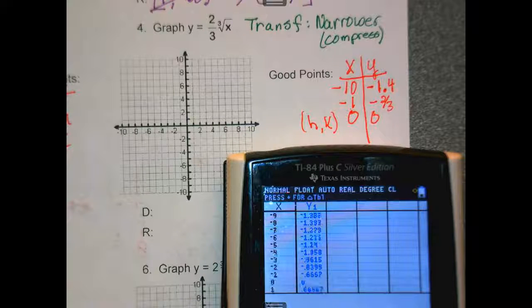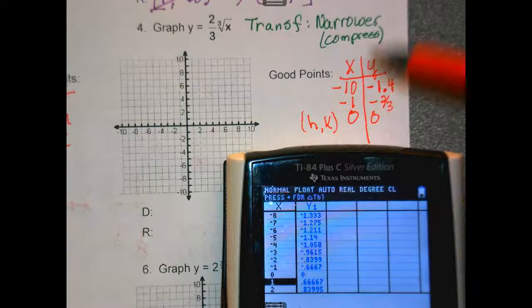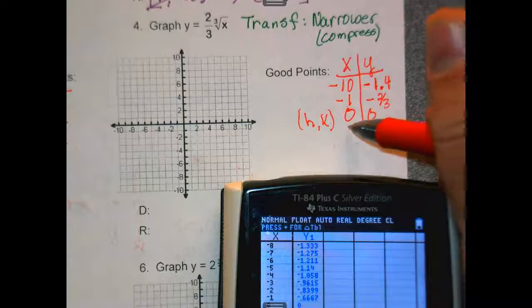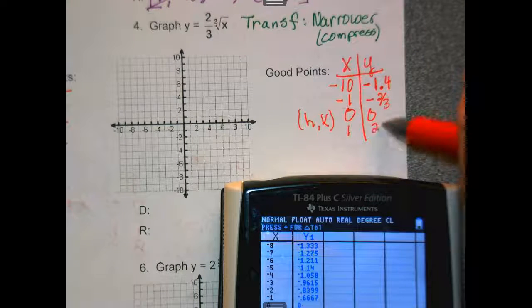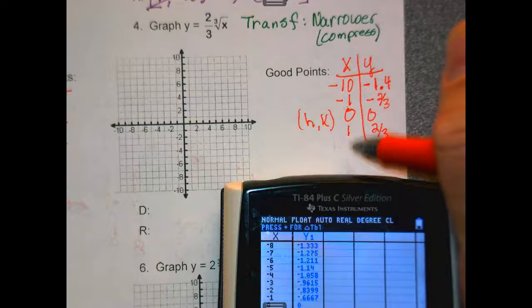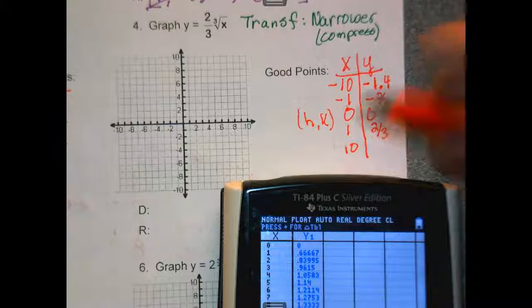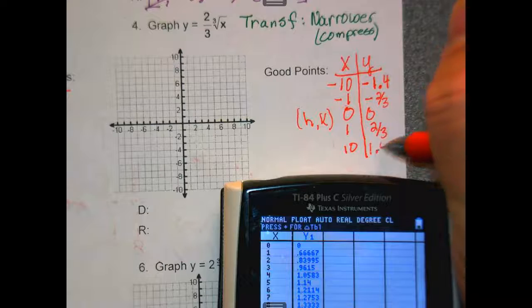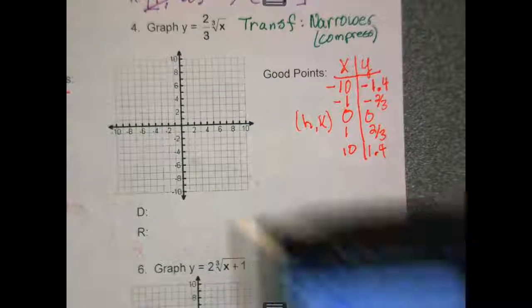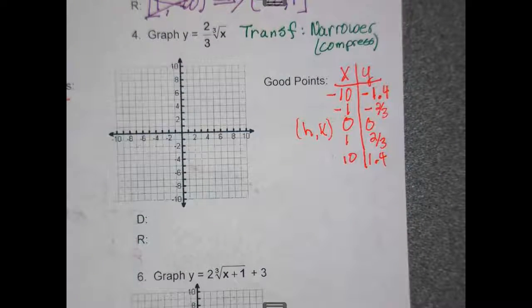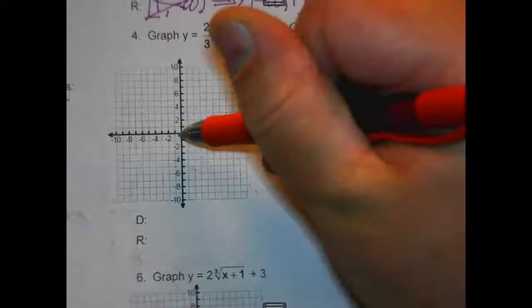0, 0, 1, +2/3. And then we'll have to use 10 and +1.4. Double check, make sure nothing happened. Okay, you ready? Well, we're going to have to estimate. 0, 0.